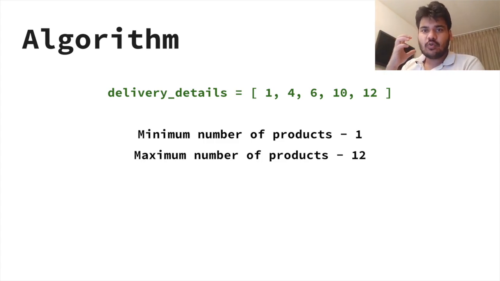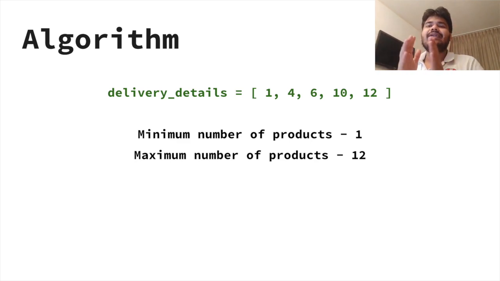So if he carries 12 items every single time, he'll finish the entire delivery in 5 trips. And the minimum number of products in this case is 1, right? So basically he can carry 1 product every time, but then he won't be able to make the delivery in 10 trips. I think the total adds up to 33, so he will require 33 trips.